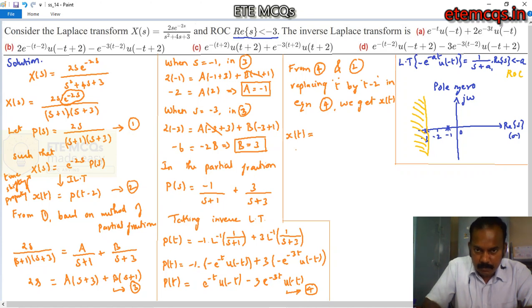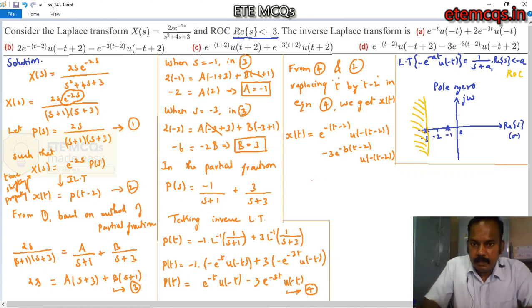Instead of P of t minus 2, I am replacing t by t minus 2, so that you get e power minus of (t minus 2) into u of minus of (t minus 2) minus 3 times e power minus 3 into (t minus 2) into u of minus of (t minus 2).